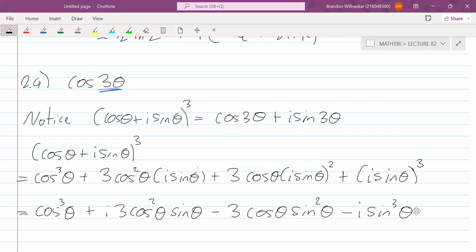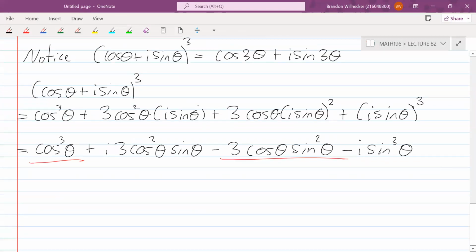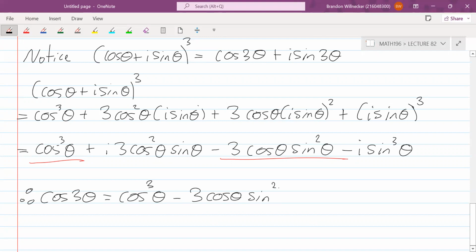Now, we were interested in cos 3 theta, which means we look at the real parts. That's that term and that term. Therefore, cos 3 theta is going to be cos cubed theta minus 3 cos theta sine squared theta. Okay, and that's our final answer.